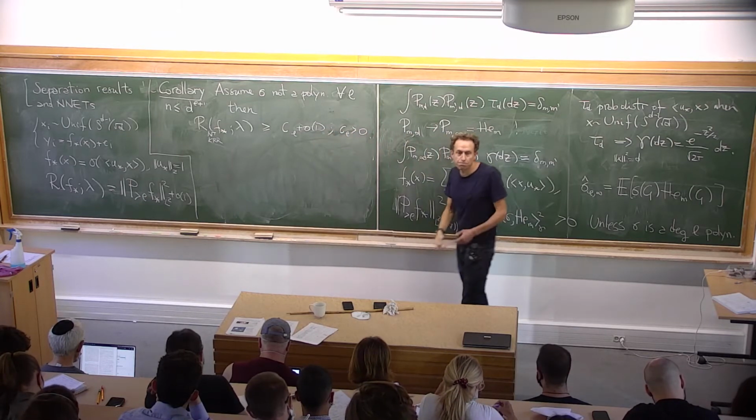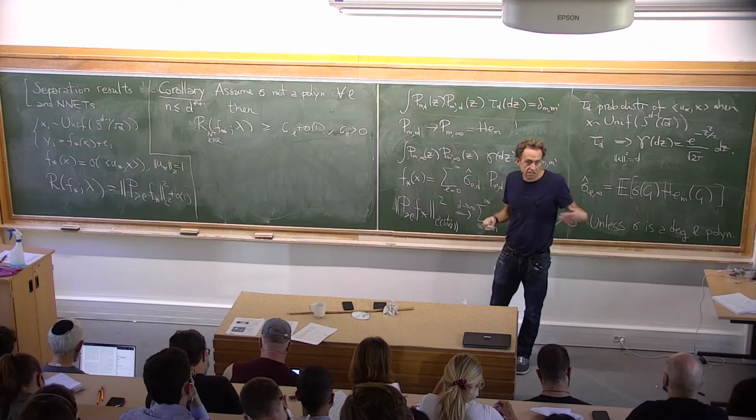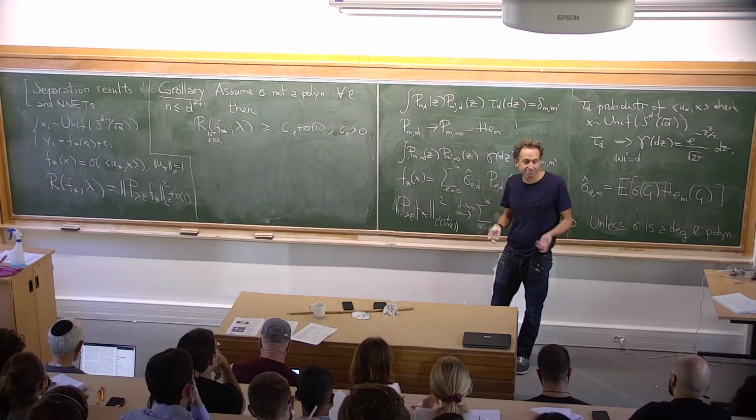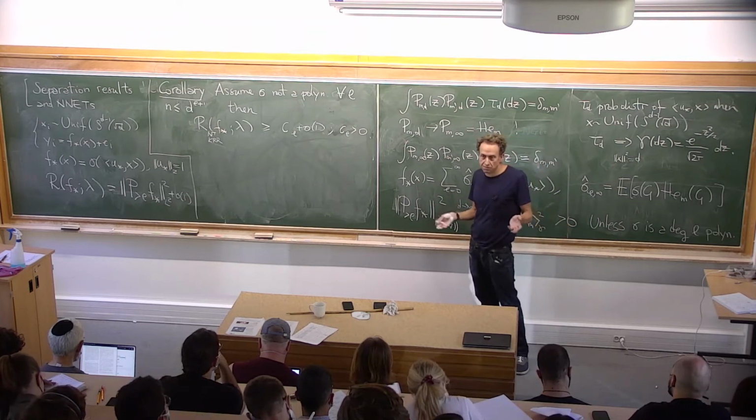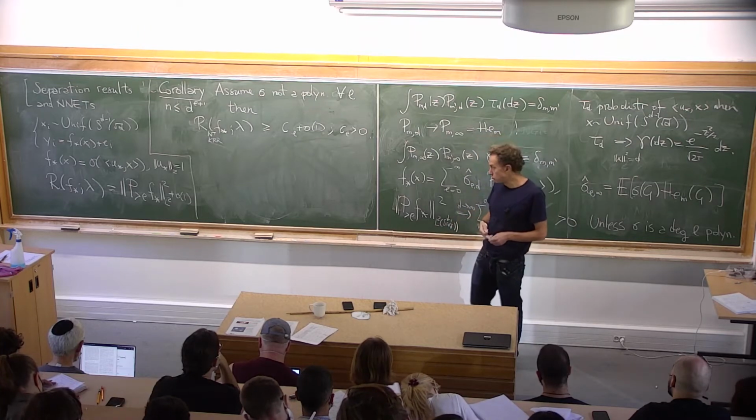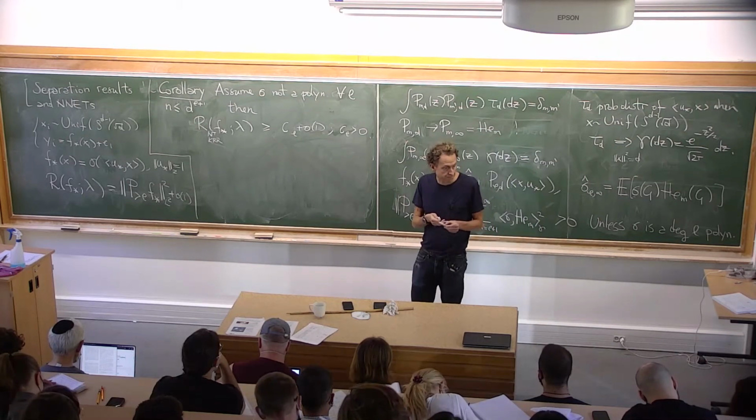So you need a non-polynomial number of samples in the kernel method. In the NTK method, you need a super polynomial number of samples to learn the simple ridge function.